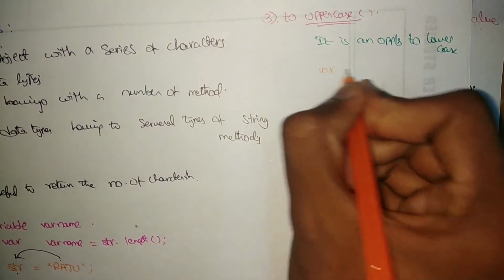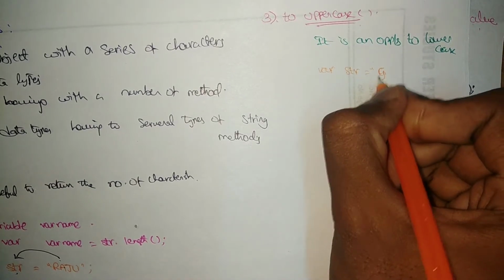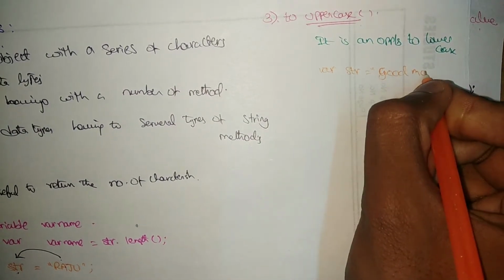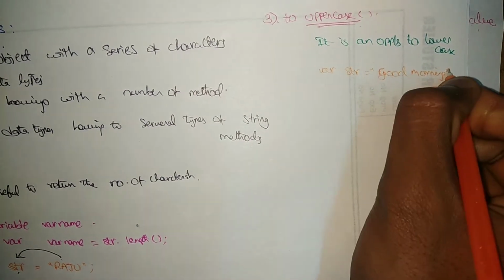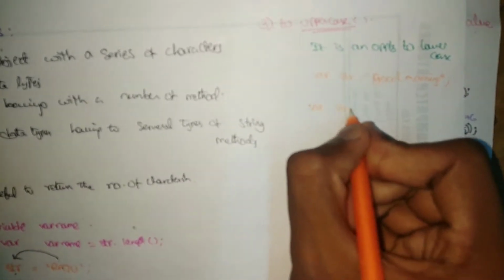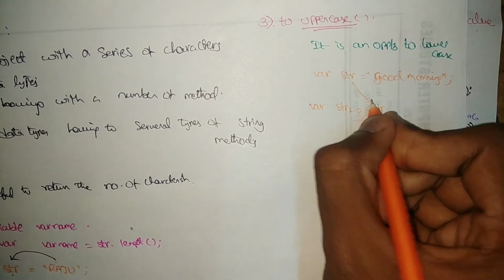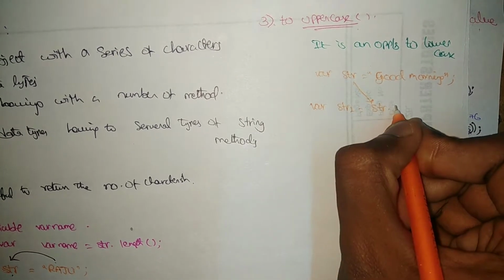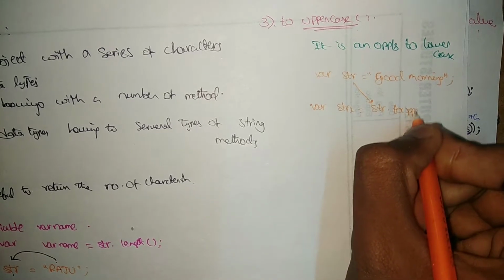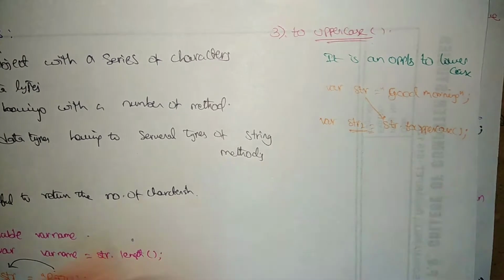Let me give an example: variable str equal to good morning. Now variable str2 equal to str dot toUpperCase. Now str2 will be returned.